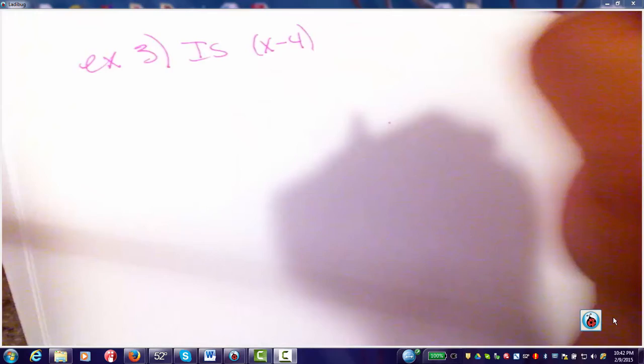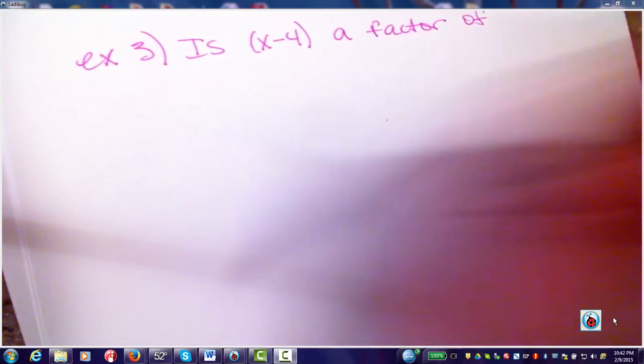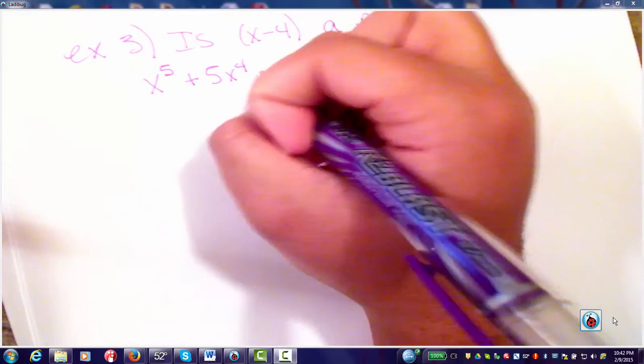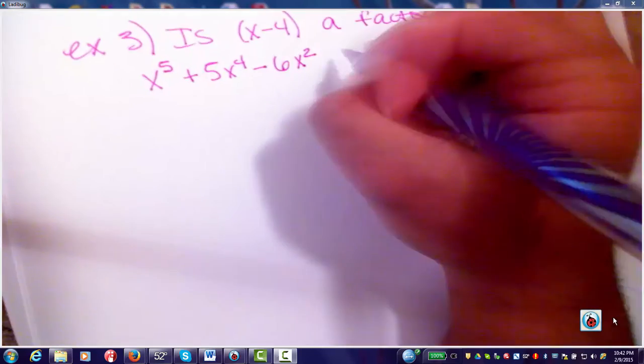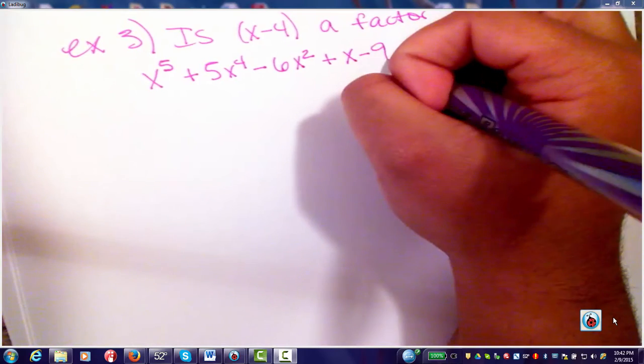So, example 3. Is x minus 4 a factor of x to the 5th plus 5x to the 4th minus 6x squared plus x minus 9?